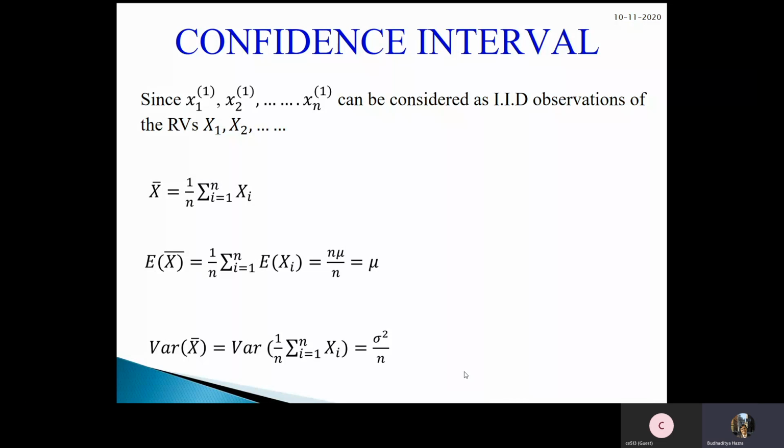The second, the ID part, is identically distributed, meaning since we are talking about one random variable, the mother random variable X, all these capital X1, capital X2, capital X3, capital X4 will have the same distribution, the very same assumption that we made for the maximum likelihood method.